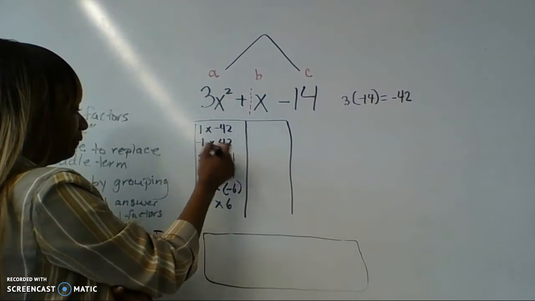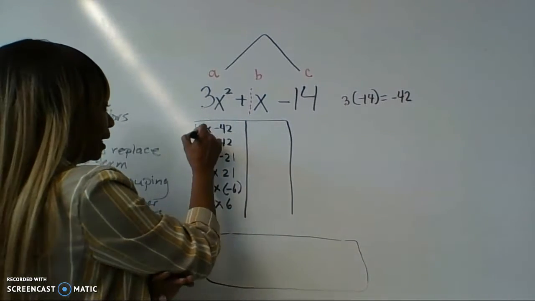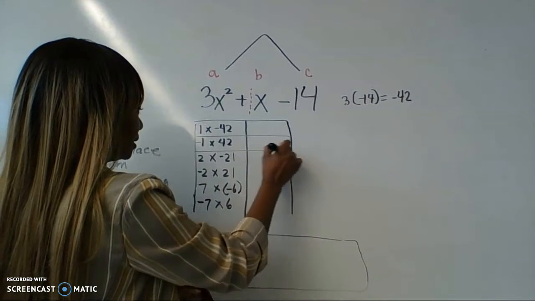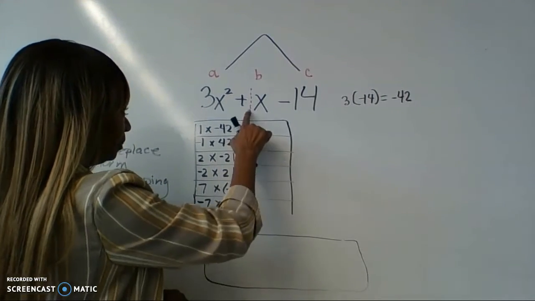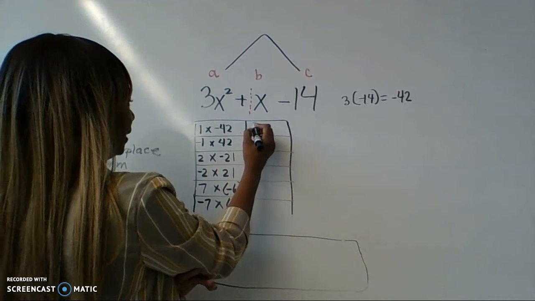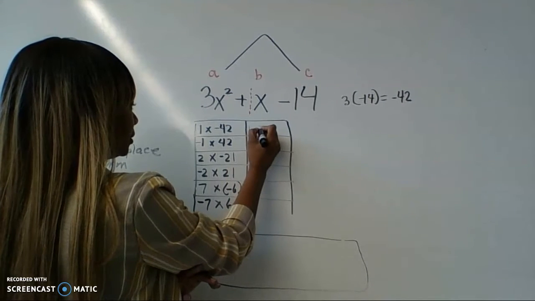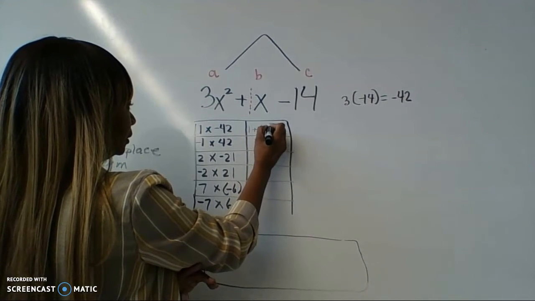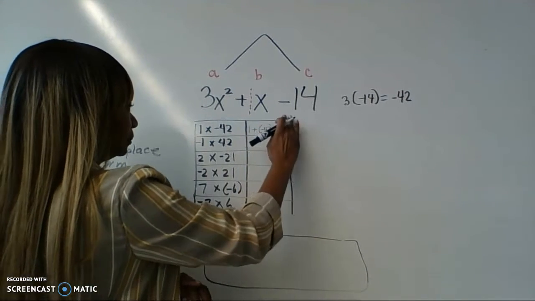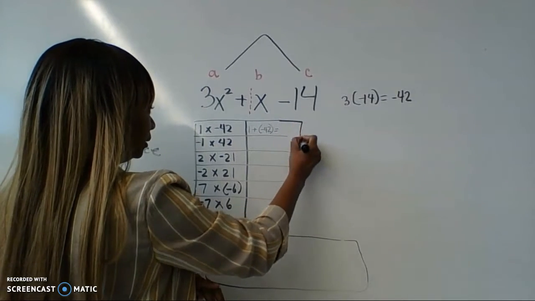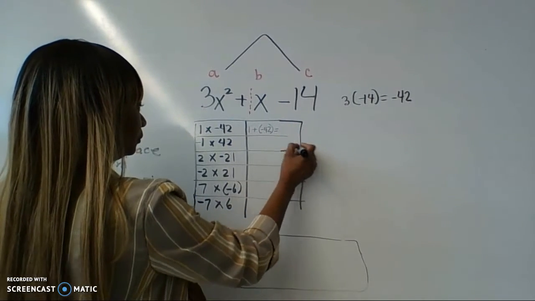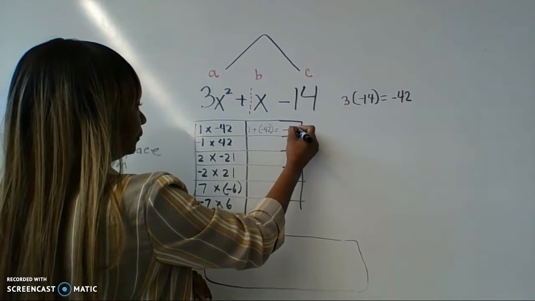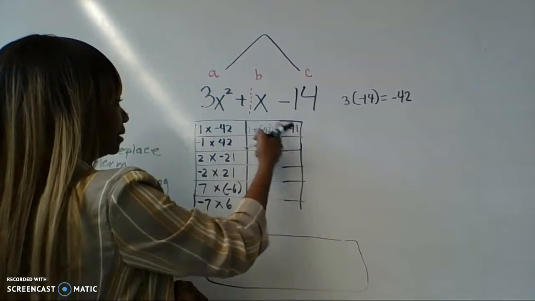So once I find my factors, now I need to add them and see which one is going to add up to my middle term, which is a positive 1. If I take 1 and add it to a negative 42 and put this in my calculator, I get a negative 41. That's not the middle term.